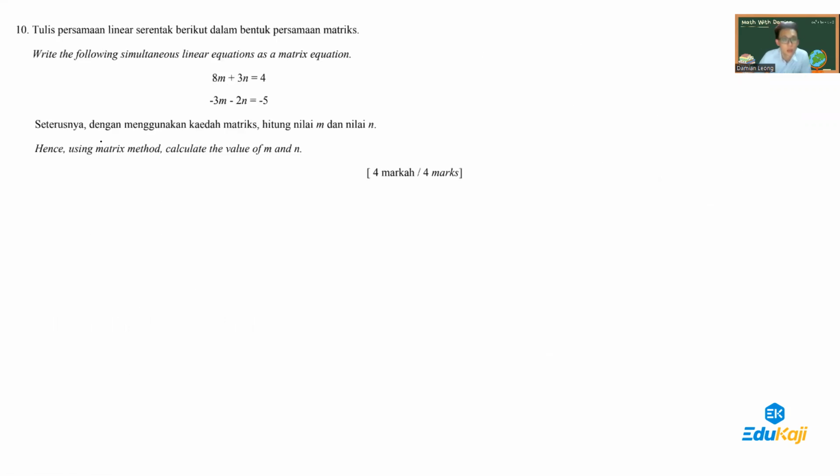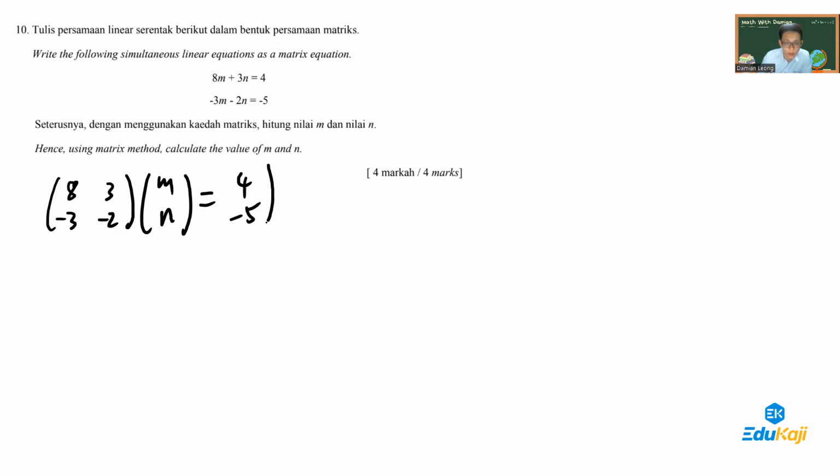Question 10. Using matrix method to solve simultaneous equation. So just follow the numbers. 8, 3, -3, -2 times mn equals 4, -5. Yeah. So to get rid of this, I times the inverse of this matrix in front on both sides.